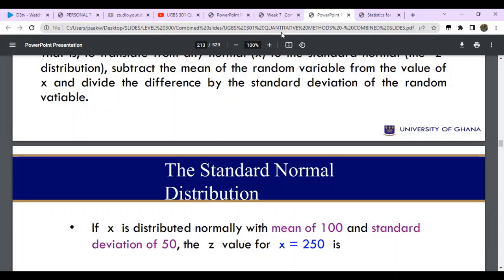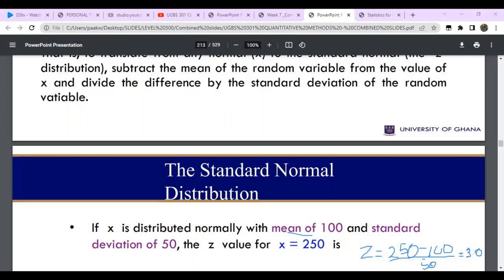So your Z will be X, which is 250, minus mu, which is 100, divided by the standard deviation, which is 50. And the answer here will give us 3.